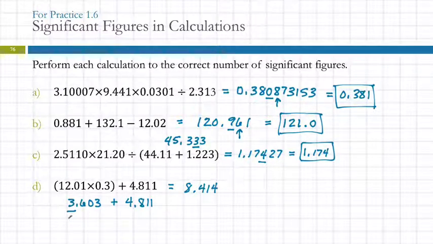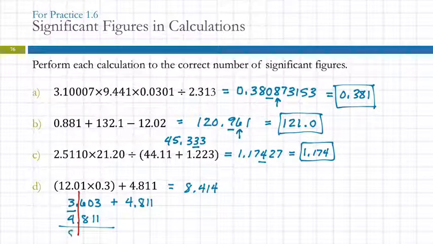Another way to do this is stack them up. 4.811. As you go from left to right, looking at that number, find the column that has an uncertain digit first. I'm going left to right, and that first column has an uncertain digit, right? So I'm going to put a line to the right of that column.